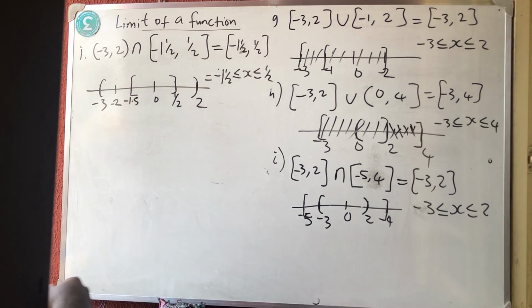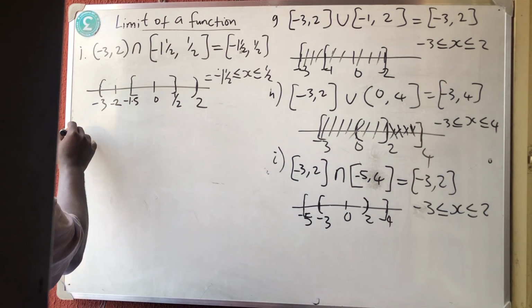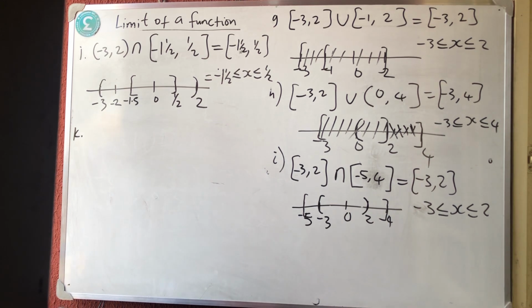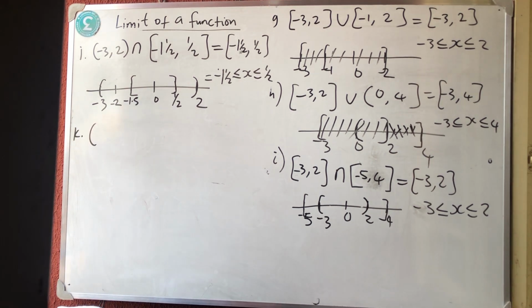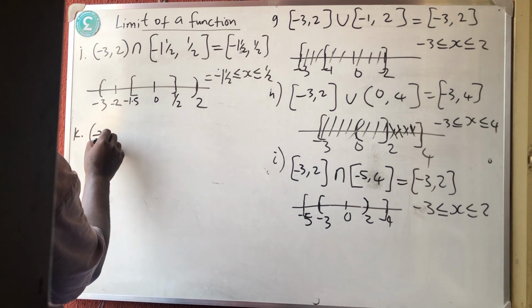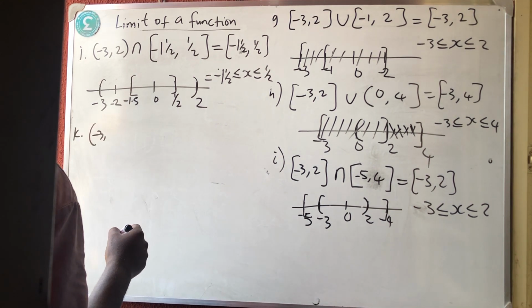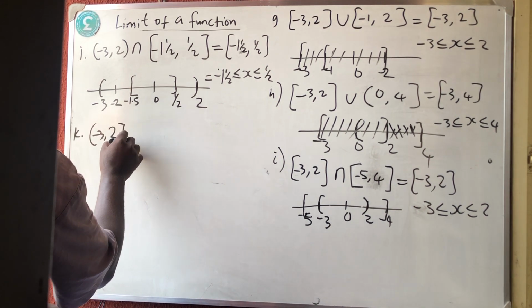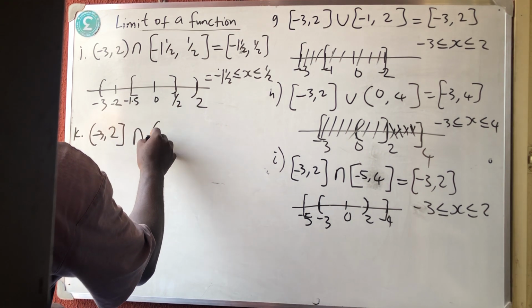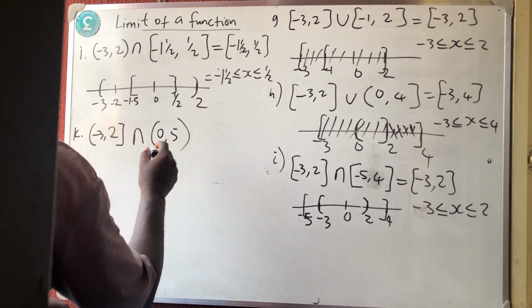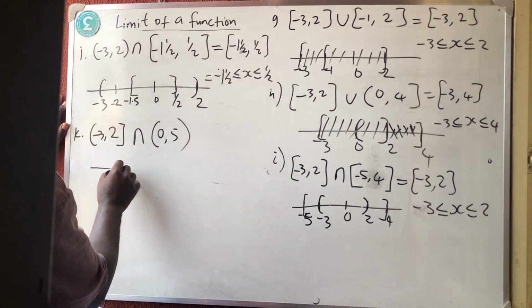So for my k, they have the open interval of minus 3, 2 closed like this, intersection the open interval of 0 and 5. Okay, so let us draw.